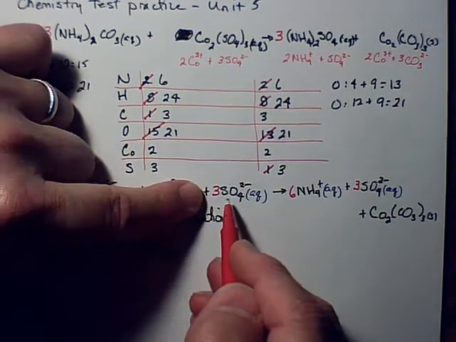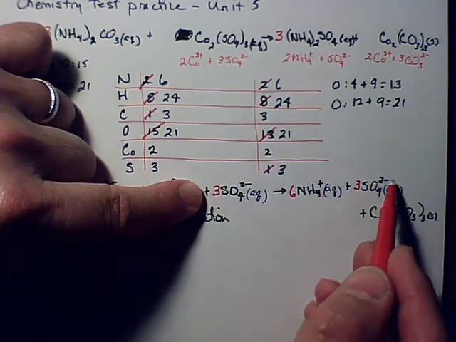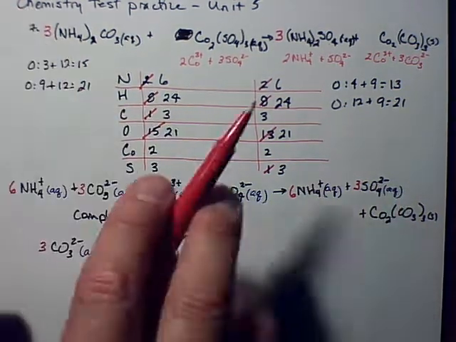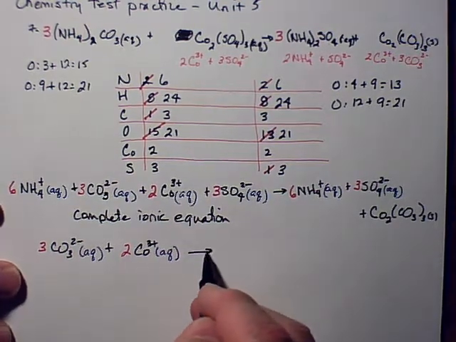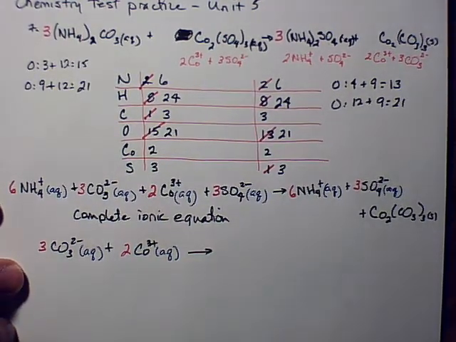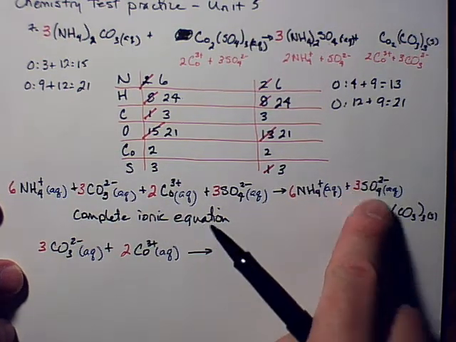Alright, now, I have 3 sulfates over here, 2 negative charge aqueous, and they are exactly like this one. So they're just hanging around watching. They're not part of the game. They're just spectators. It's called spectator ions. We're going to leave them out. Over on this side, we've already said we're going to eliminate the ammoniums and the sulfates.